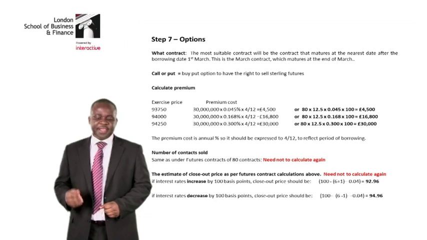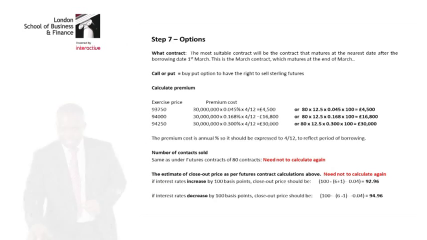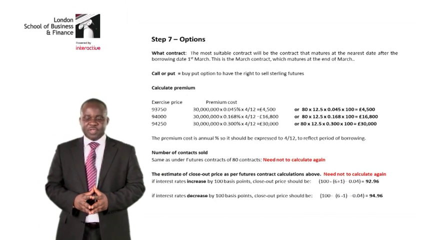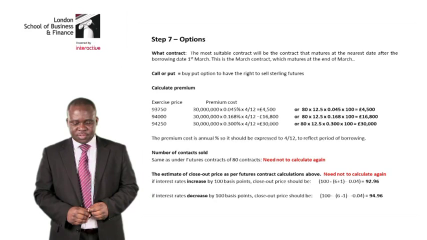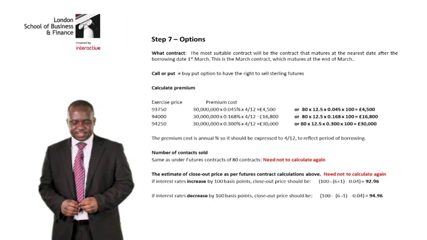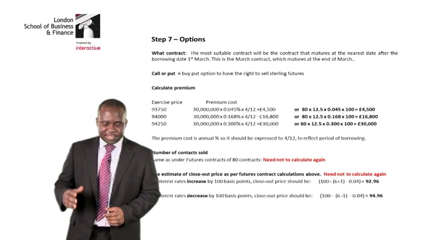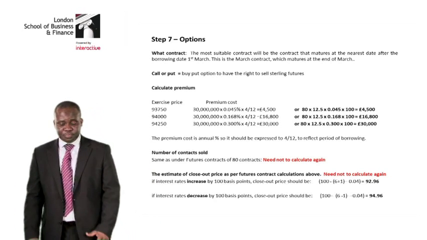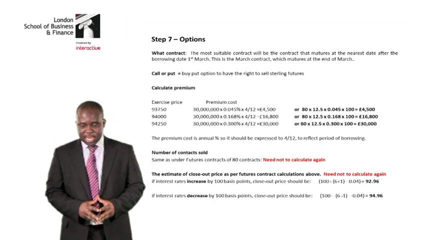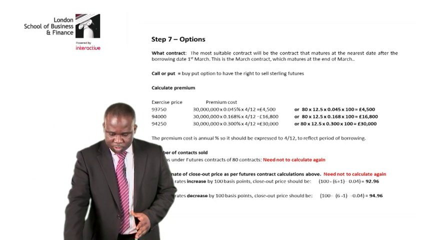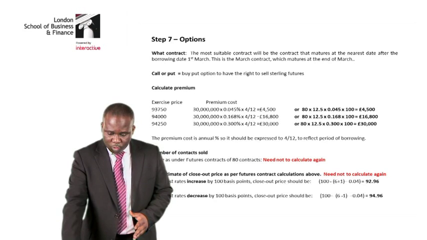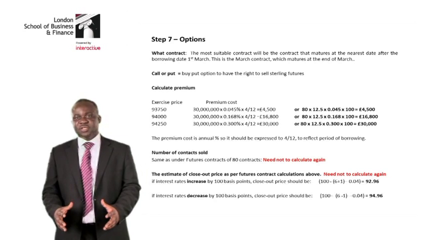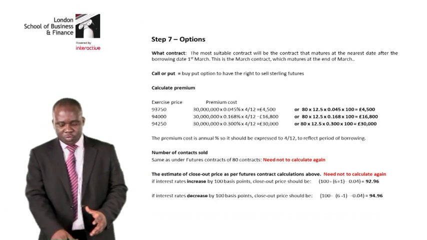So, if you remember, if interest rate is increasing by 100 basis points, then we said the closing futures price will be 92.96, and if interest rate is decreasing by 100 basis points, then the futures closing price is going to be 94.96. So what then will be the profit or loss on the options? Remember, so far as options are concerned, you have got a right, you haven't got an obligation.